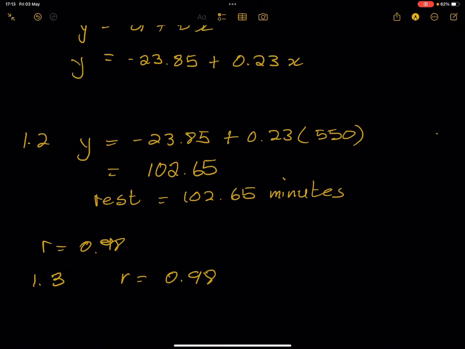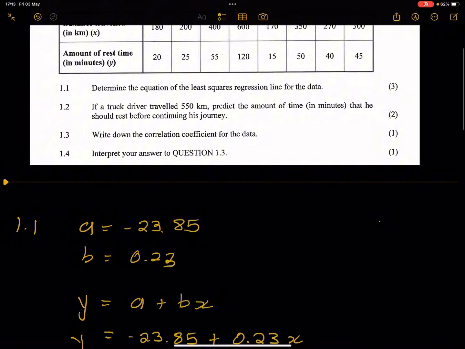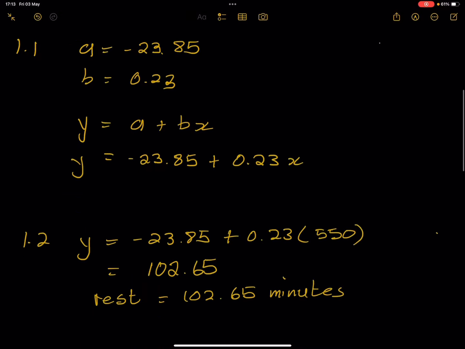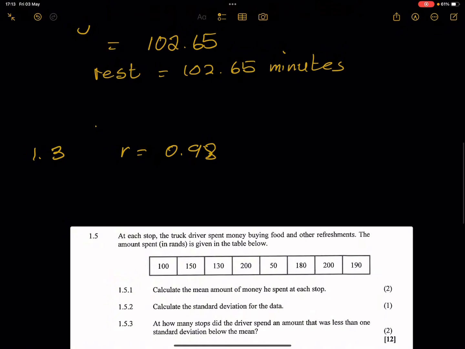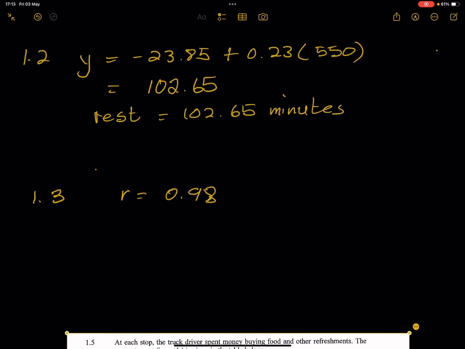And what does that value tell us? Well, that's a very strong correlation, right? A positive strong correlation. And finally, they say to us, interpret your answer to question 1.3. So we are going to tell them that this is a very strong positive correlation.